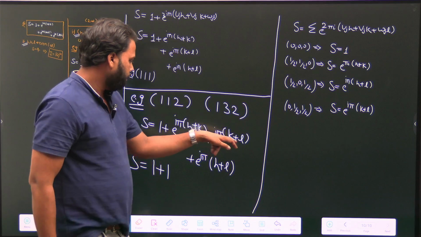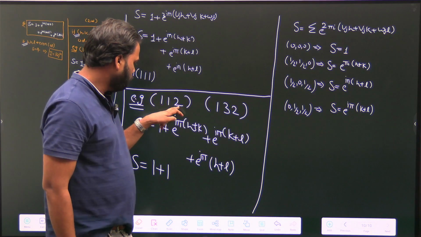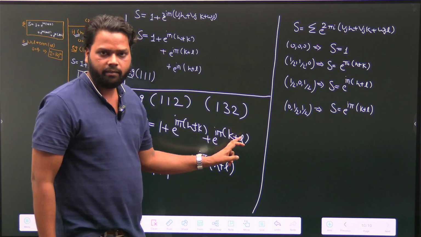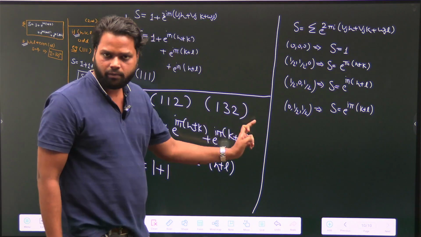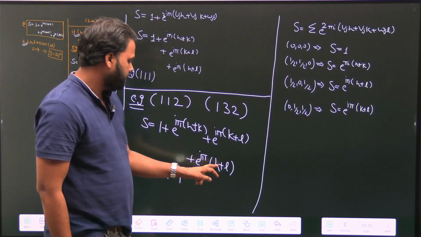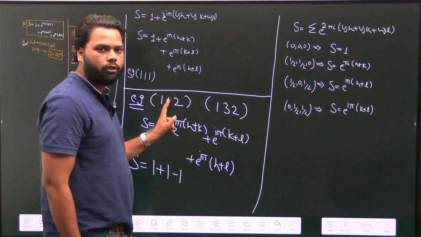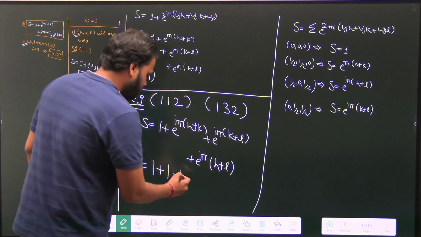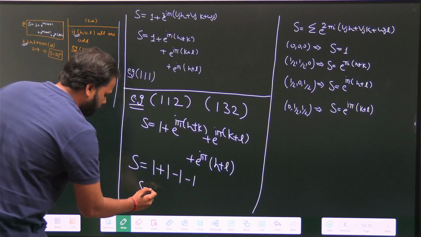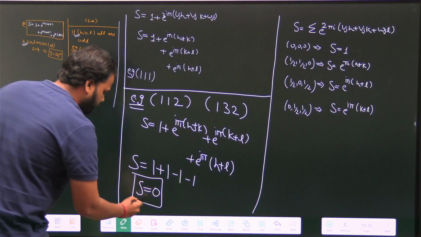See this factor k plus l, 1 and 2, that is 3, that is e to the power 3 pi I. That means this value will be minus 1. And again h plus l, 1 and 2, again it will be minus 1. So what is the value of s here? s is 0. The value of s has come out as 0.